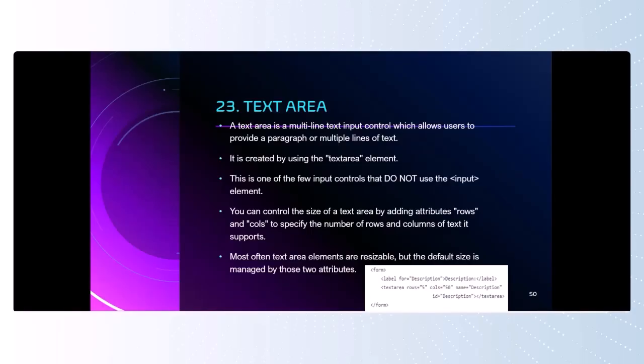You do not use the input element. You can control it by using rows and columns to specify the number of rows and columns it supports. And most of the text areas are resizable, and the defaults are managed by those attributes.